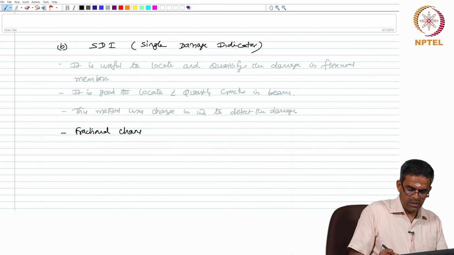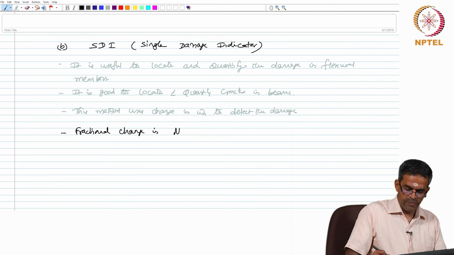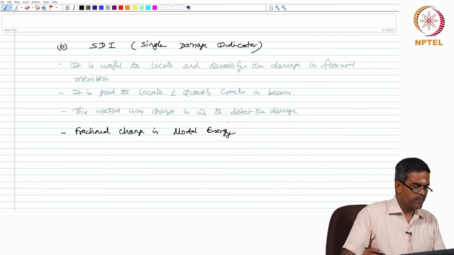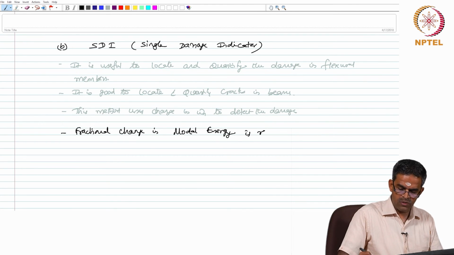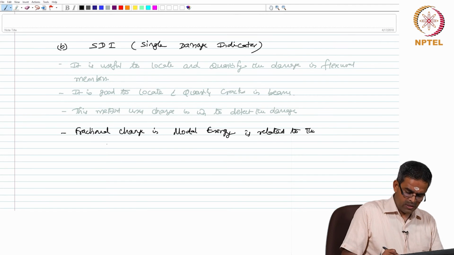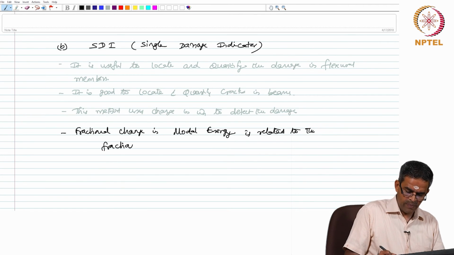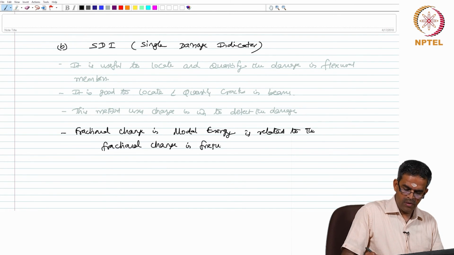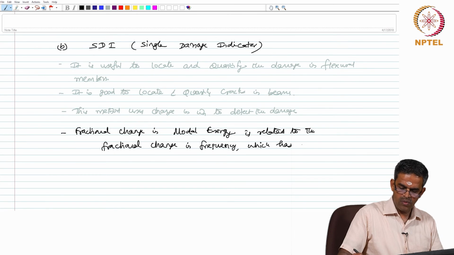Fractional change in modal energy is related to the fractional change in frequency which has occurred due to damage.